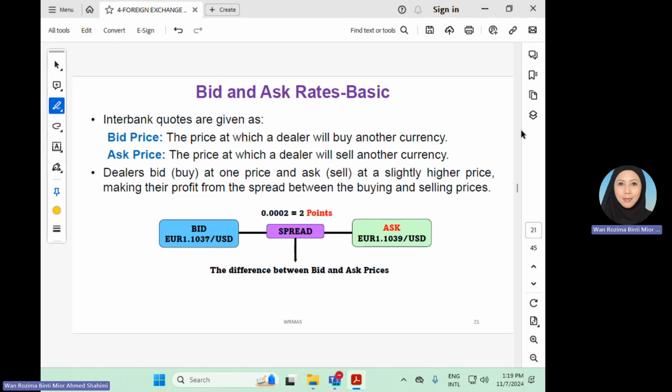The difference is what we call the spread. The spread determines the profit earned by the parties. The difference between bid and ask price, you put here as profit. The bigger the spread, the higher the profit.